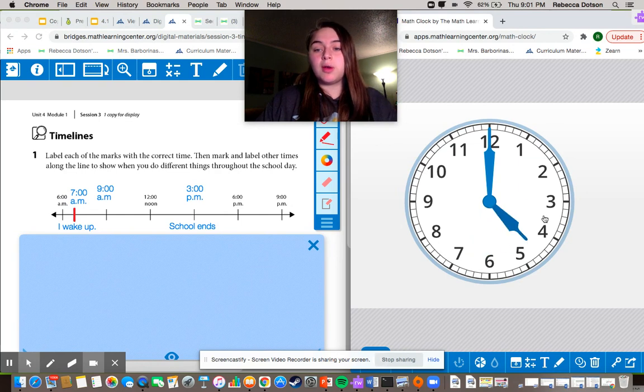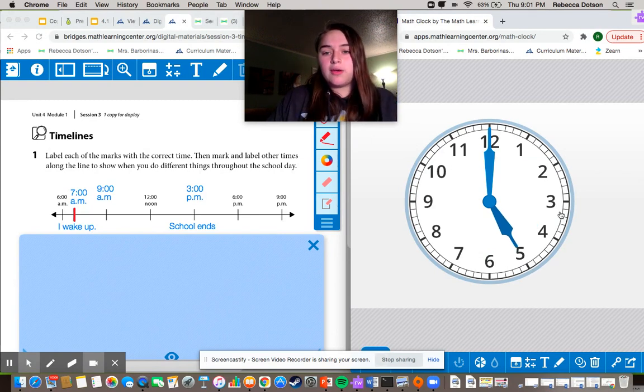So somewhere between 3 o'clock and 6 o'clock. And so 5 o'clock, it looks like it would be about 2/3 of the way from 3 to 6. So if I broke this up into thirds between 3 and 6, it would be about right here.